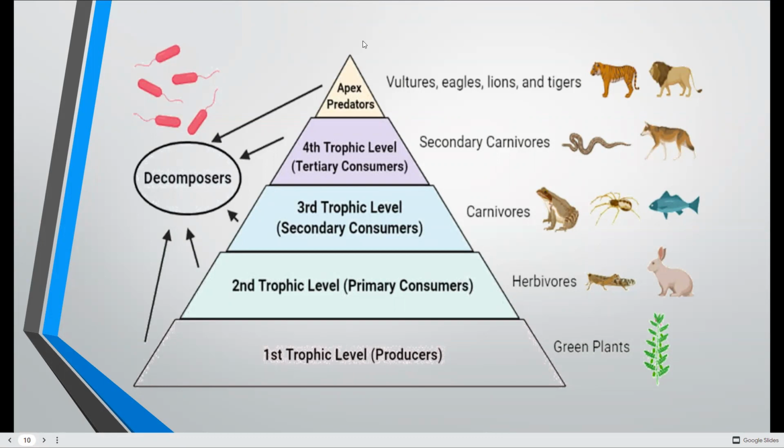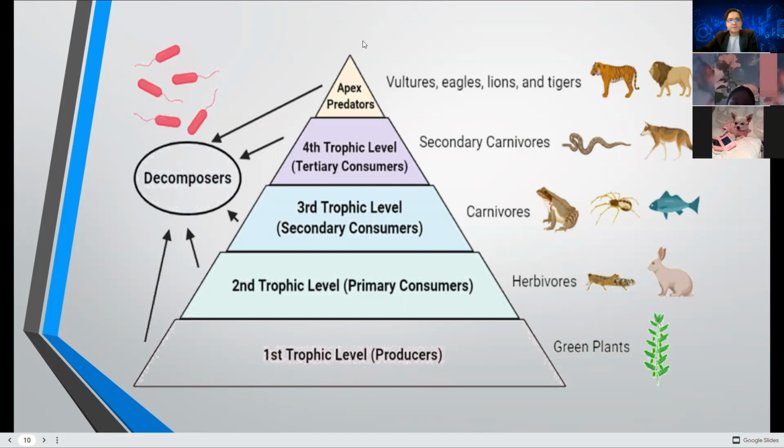All right, let's continue. Please turn on your camera. Again, the first trophic level is responsible for producing their own food and producing food for the rest of the trophic levels. That is why it is the biggest among all. It is the base, so it has the biggest source of energy among all.